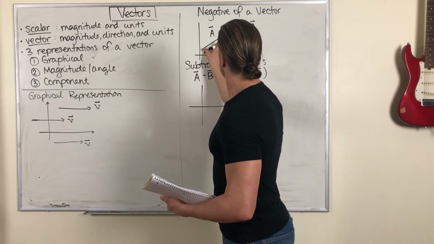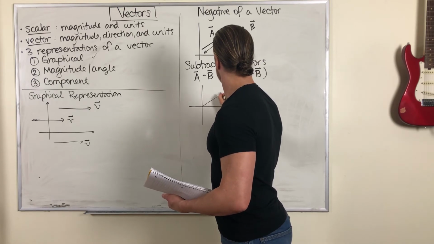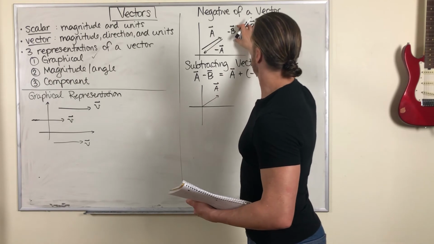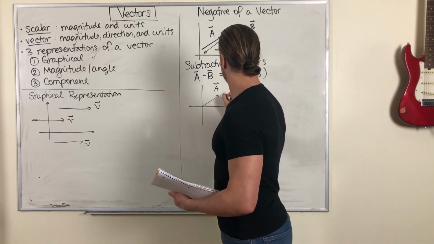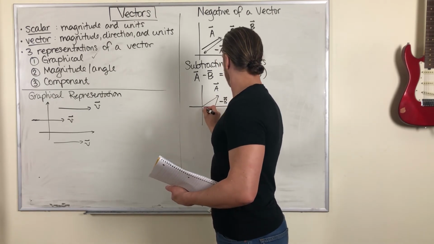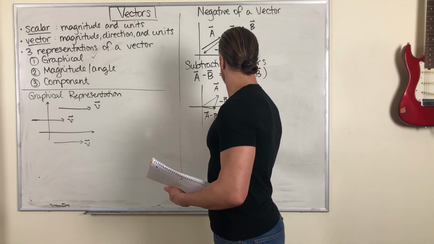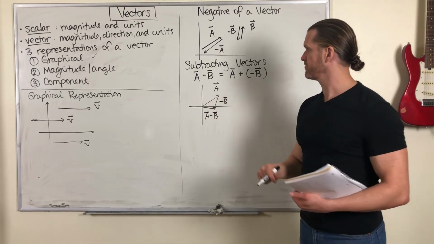Take vector A, place it at the origin, and then we take vector negative B and connect it to the beginning of vector A, and our resultant looks something like that. There's our A minus B vector.